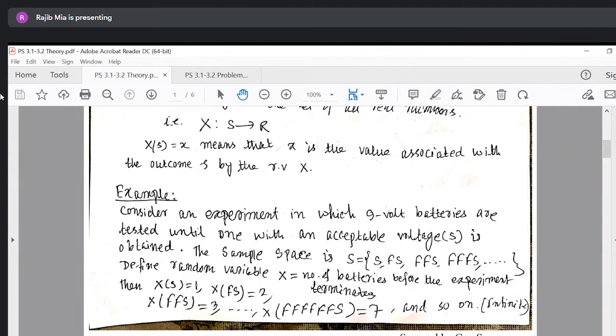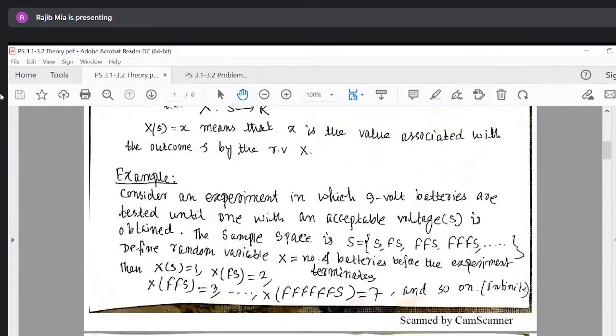Now we define a random variable X, capital X, which counts the number of batteries tested before the experiment terminates. For the first outcome, if we get the acceptable voltage, the experiment terminates.